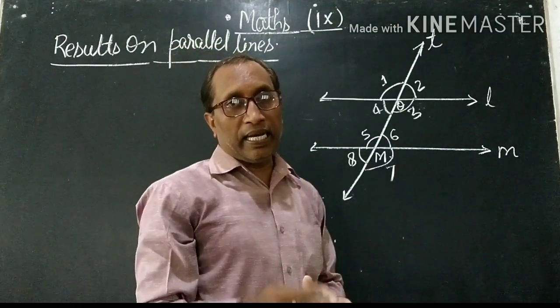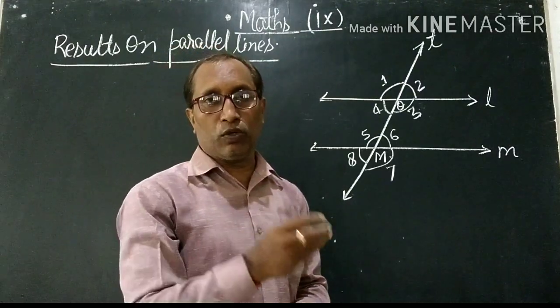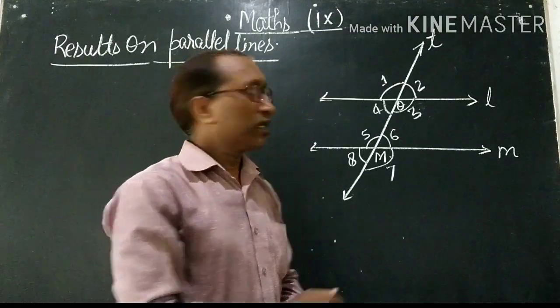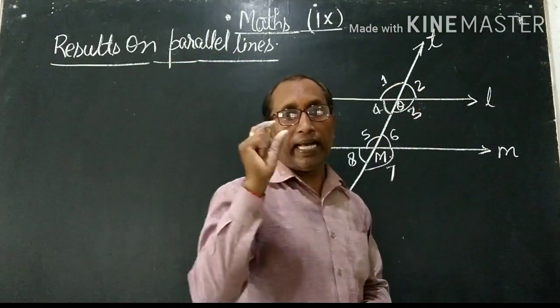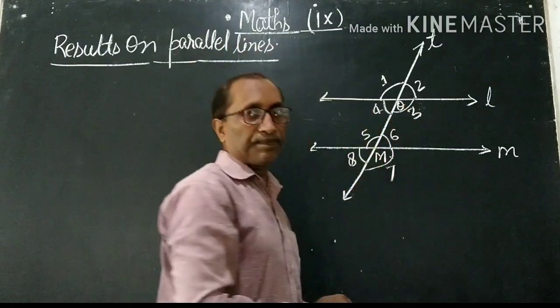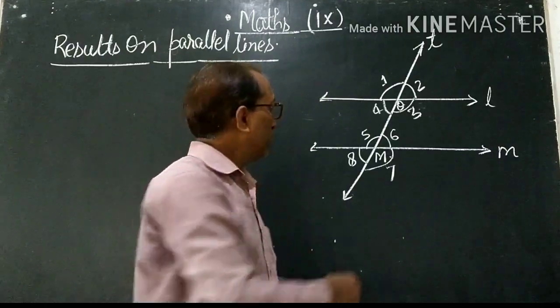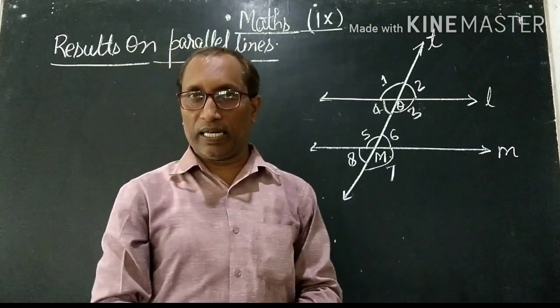Then interior angles on the same side of the transversal are also known as consecutive interior angles, co-interior angles or allied angles. Angle 3 and 6 are co-interior angles. Angle 4 and angle 5 are co-interior angles.